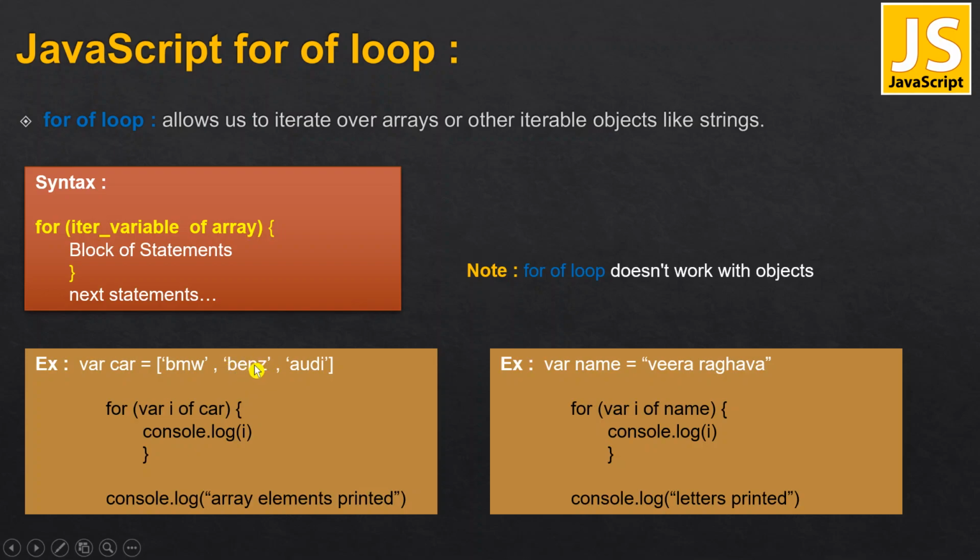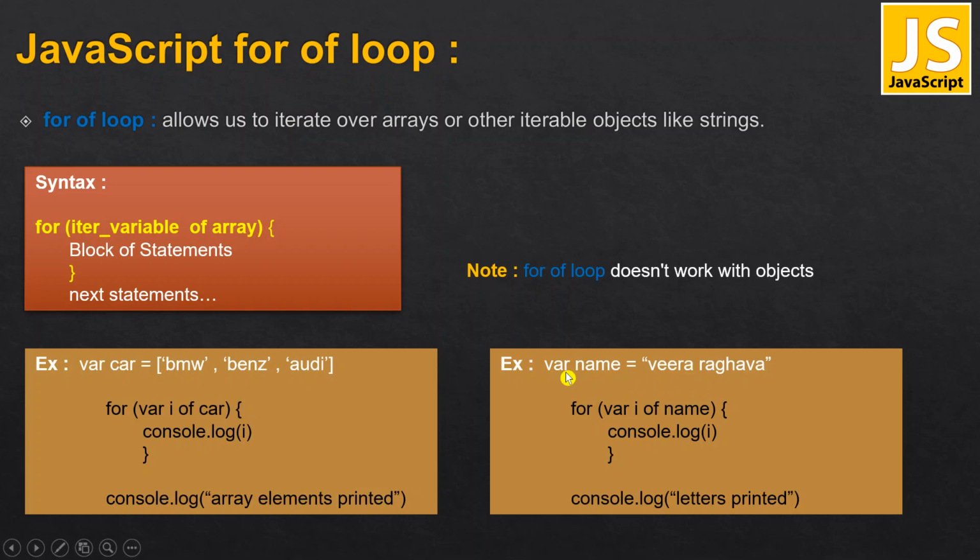It will load this element into the i, then go inside the code block and execute it, and this process goes on and on until the list elements are exhausted. Then the program control comes to the next statements, executing the next statements, friends.